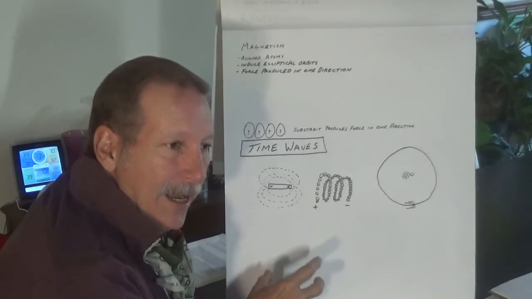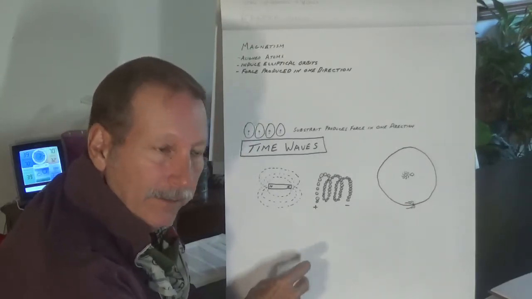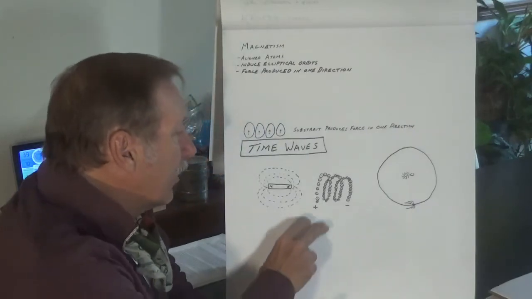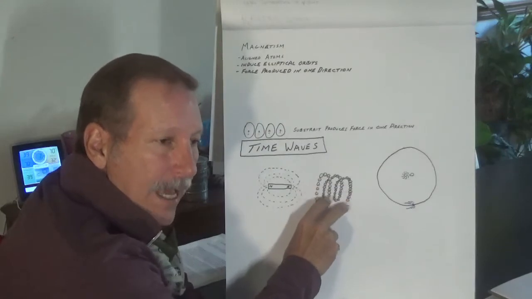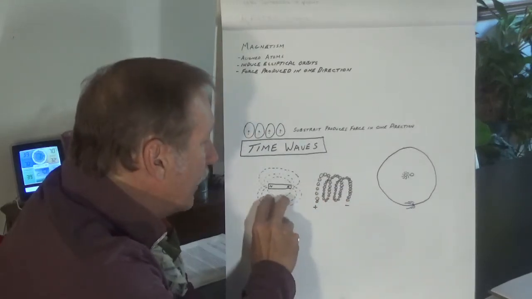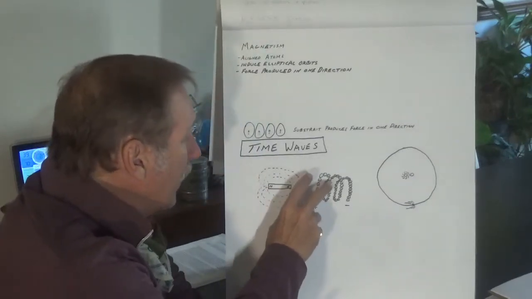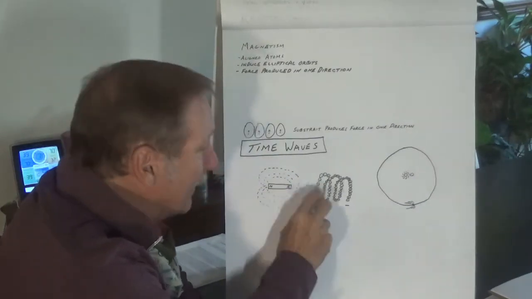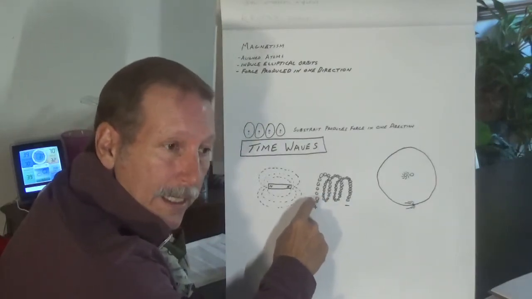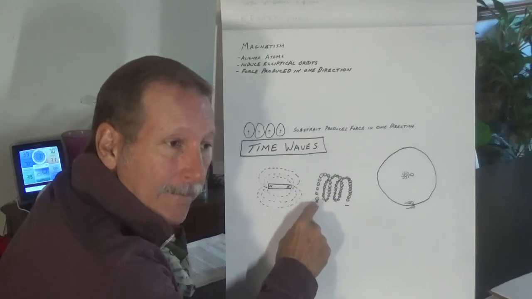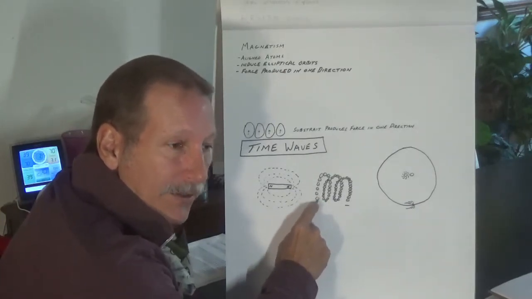Those standing time waves affect anything moving in a timeless state or at relativistic speeds. So if you take a coil, a conductor with individual atoms, then as a magnet goes through the coil, the time waves associated with the magnet cause an elliptical orbit in the orbiting body of the conductor, which produces electricity.